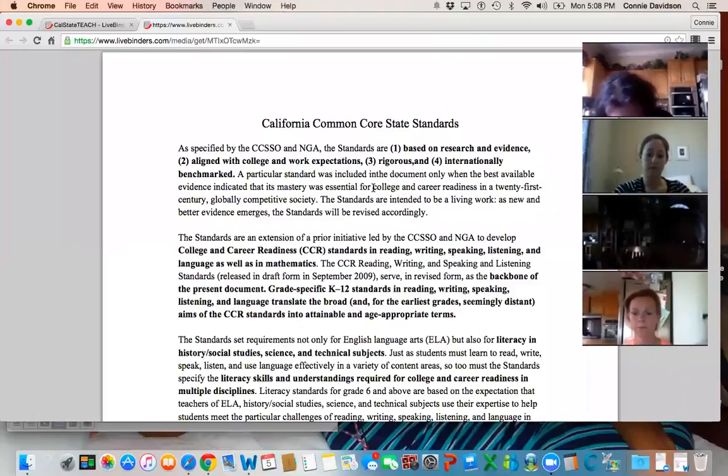And what that means is you are creating individuals who in the future will be able to function in the dynamics of the new 21st century workspace and the 21st century college or university.